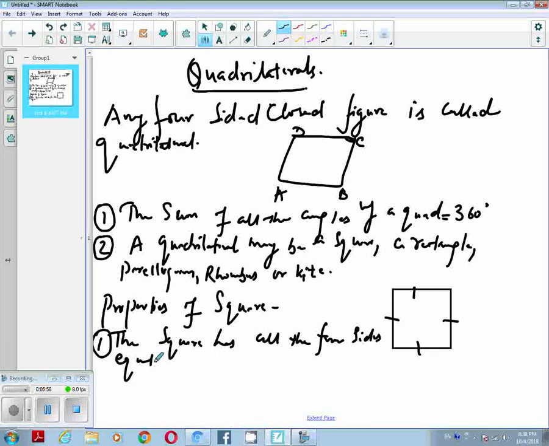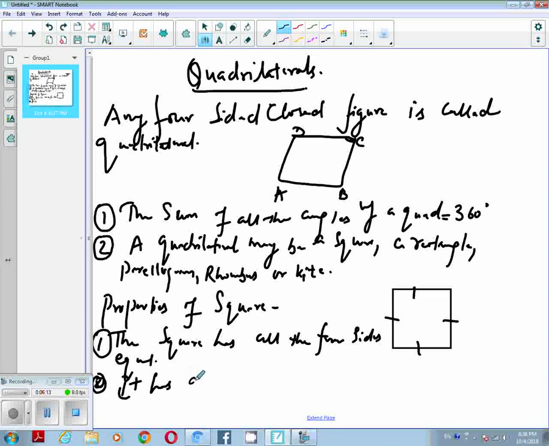Then the second property. It has all the angles equal to how much? 90 degrees.